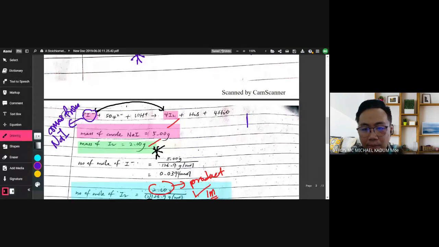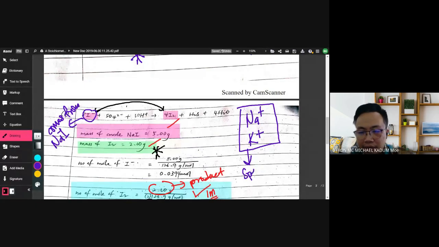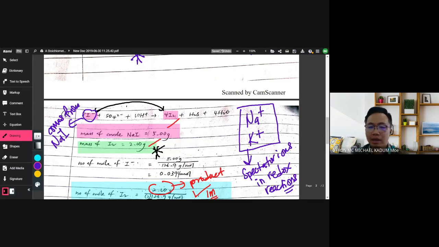Kena ingat, Na plus, K plus, KMnO4 apa lagi? Inilah, kebanyakan yang inilah dua benda ni. Ini kita panggil sebagai spectator ions in redox reaction. Dia spectator saja. Dia wujud dalam tu tapi tidak terlibat sebagai dalam reaction.